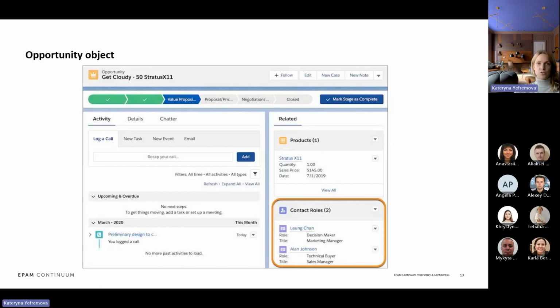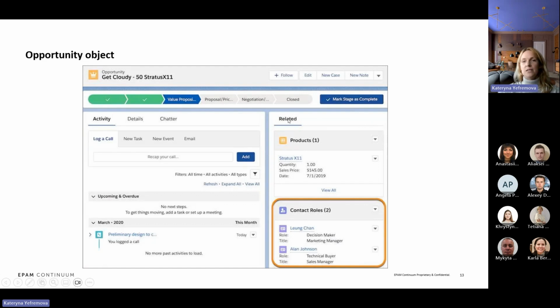But what I also wanted to talk about is opportunities. You're thinking, okay, we know who is the user, we know what the objects are, and we know what the opportunities are. So what then? Probably when you work with Salesforce, you would see something like this. This is the opportunity object, right? There is some information about this opportunity, and also a place called Related.